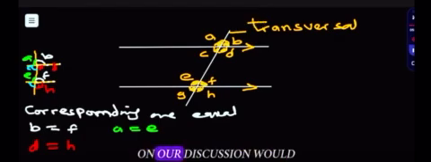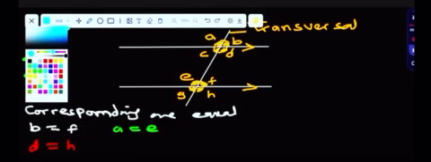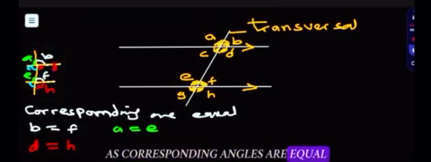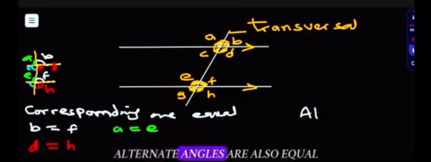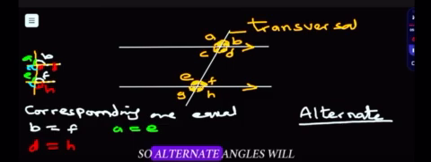The next one in our discussion will be the alternate angles. As corresponding angles are equal, alternate angles are also equal. Alternate angles will form a Z shape.